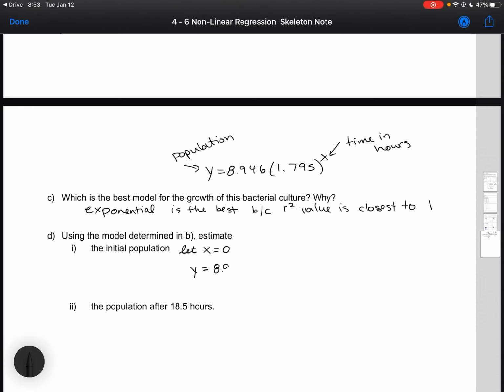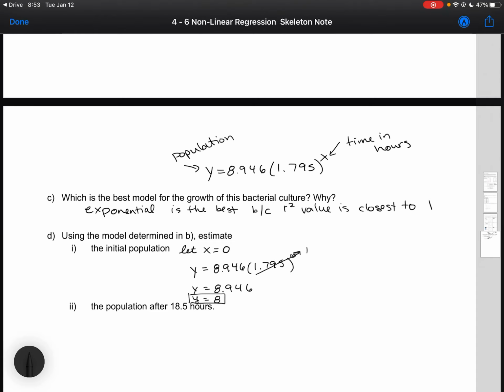So at 0 hours at the beginning, we've got 8.946 times 1.795 to the 0. This part of our equation is going to go to 1, and that means that our bacteria population is about 8.946 here, which we can round down to 8 for our population.